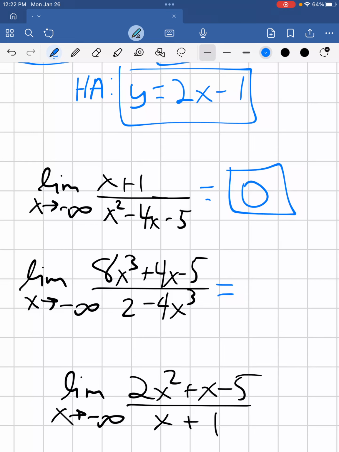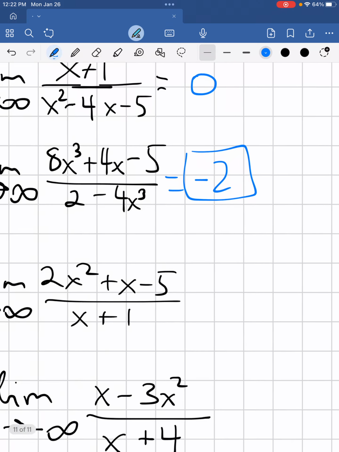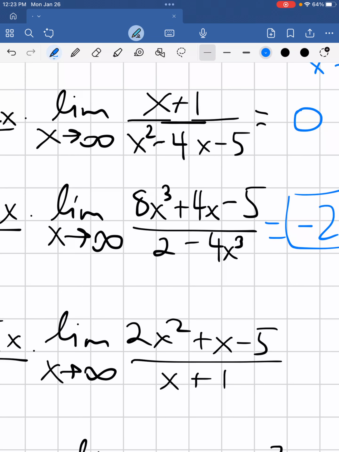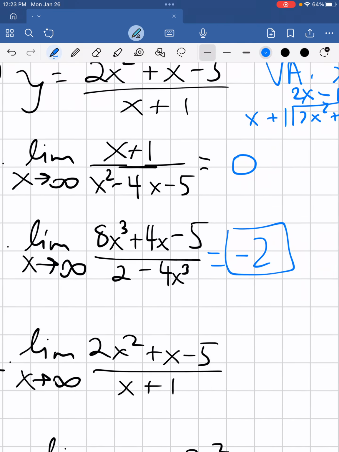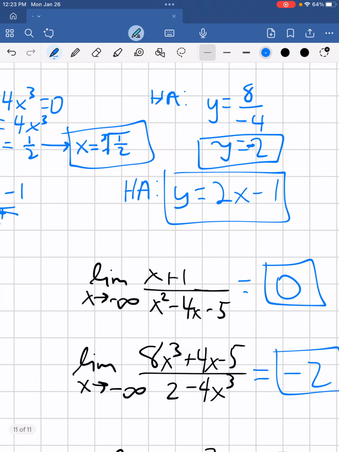Where it gets kind of weird and different is when we look at that third function. In that third function, the degree in the numerator was bigger, which meant that we had a slant or oblique asymptote. So there's some end behavior associated with that. Now, if you go back to where we found our equation for the asymptote, it's helpful for us to note what direction the line goes in.